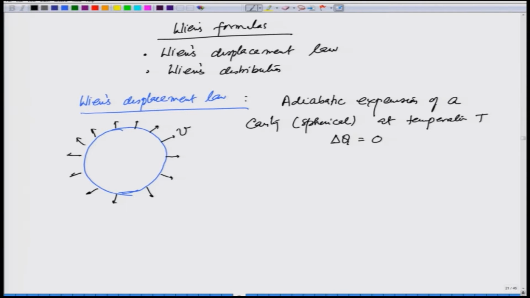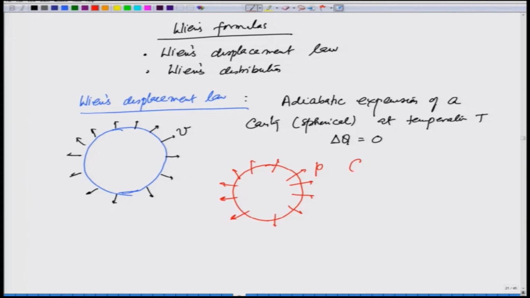What we have seen earlier is that if I have a cavity like this, it is applying a pressure P. When it is allowed to expand adiabatically, keeping it in equilibrium, it applies some force and therefore does work.